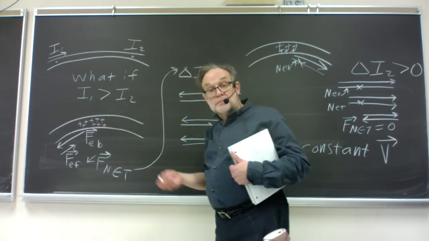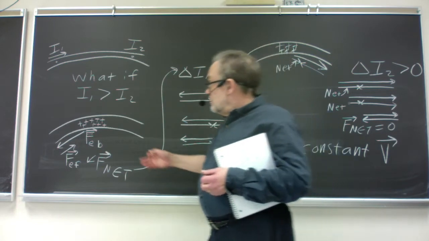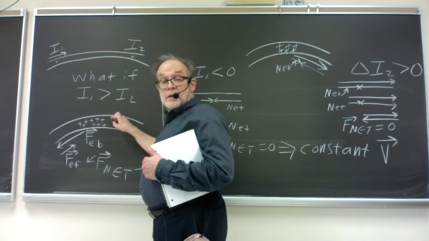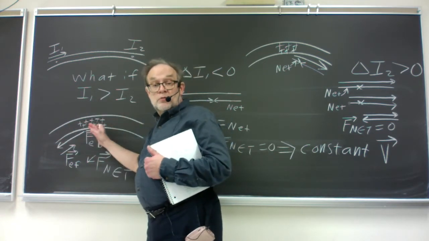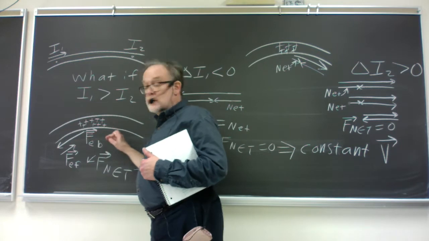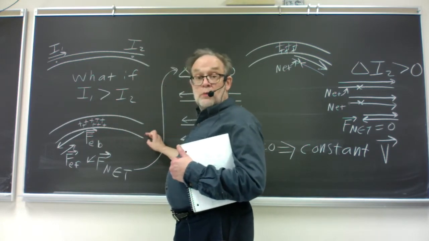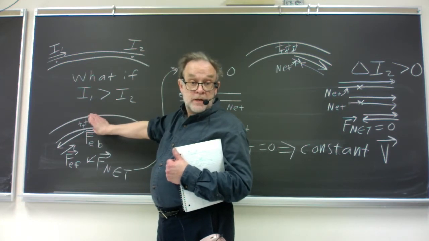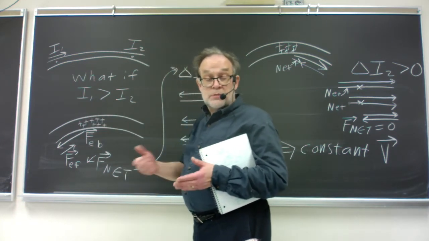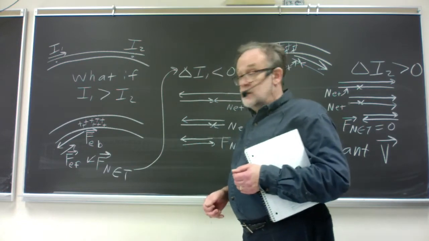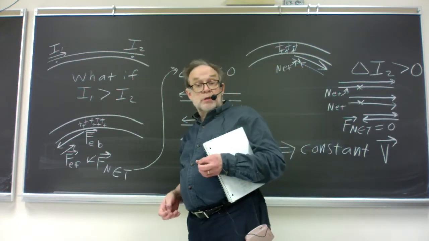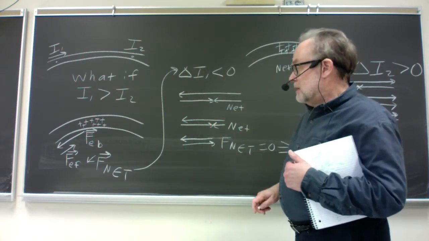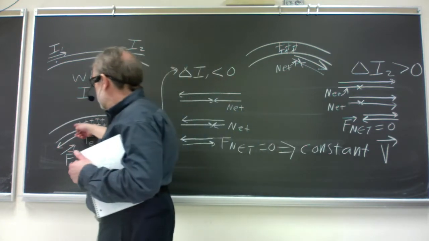And eventually, the slower flow in and the faster flow out empties out the extra charge here. And then once there's no extra charge, there's no imbalance between the forward and backward forces. Like, imagine what's happening here to I1 as it comes in.